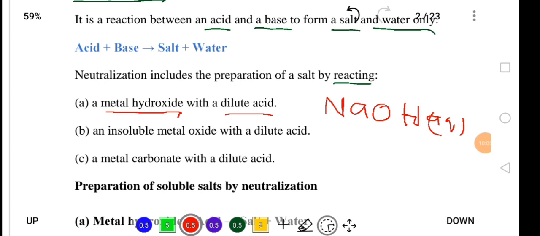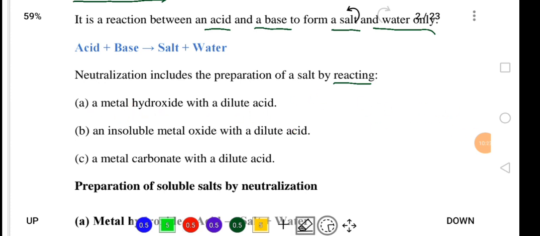So here we are talking about a metal hydroxide which should be able to react with dilute acid in order to produce a soluble salt. Now, this metal hydroxide in aqueous state is known as an alkali.